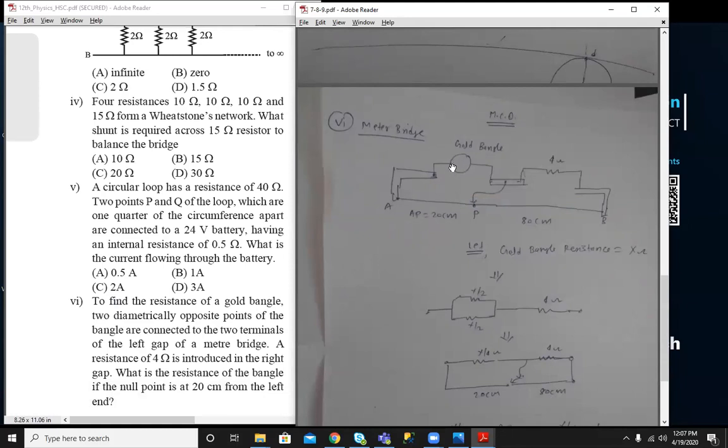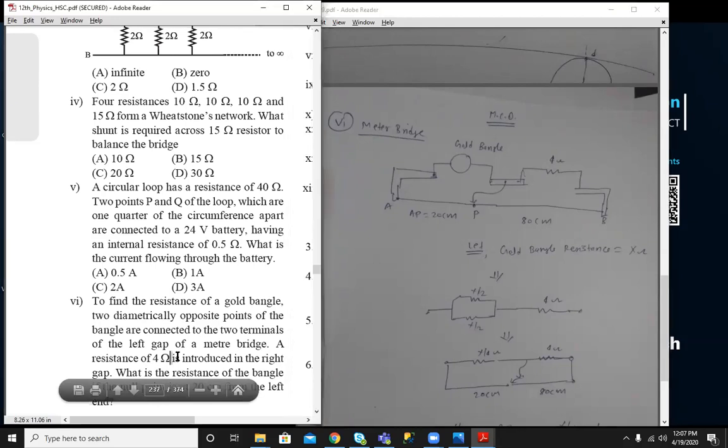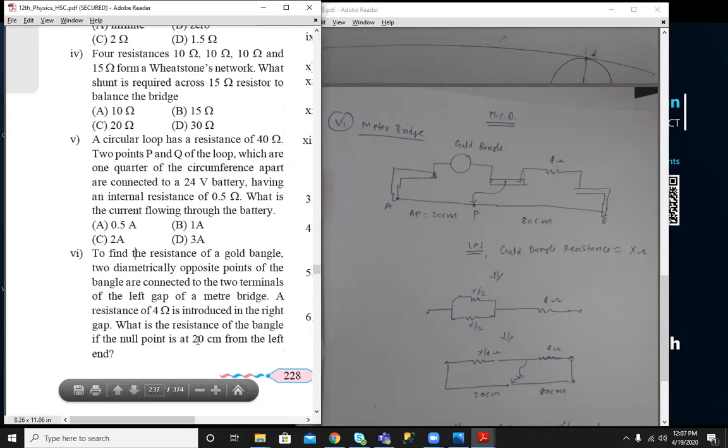In the left gap of the meter bridge, a gold bangle is placed with two diametrically opposite points. And in the right gap, a resistance of 4 ohm is introduced. What is the resistance of the bangle?